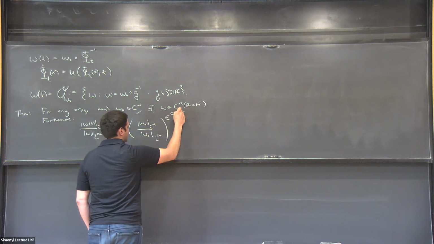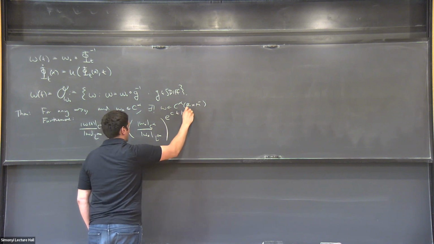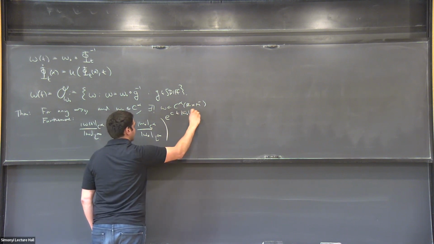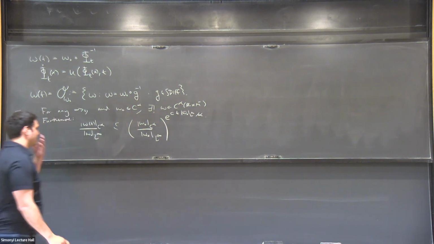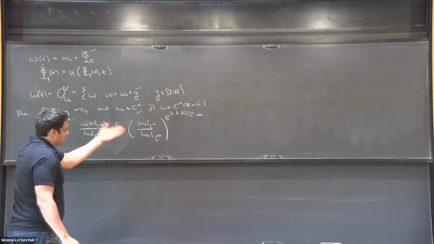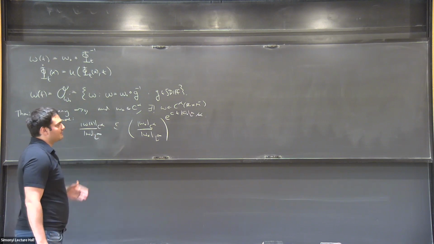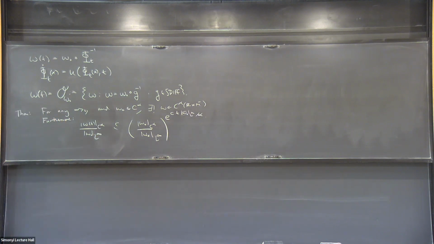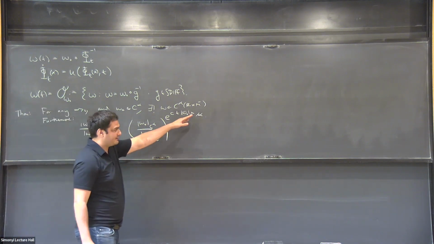Up to a factor growing double exponentially in time. Okay, so we have an estimate of the solution in this space that says it can be at most as big as this factor, which grows double exponentially in time and degenerates when you send alpha to 0.